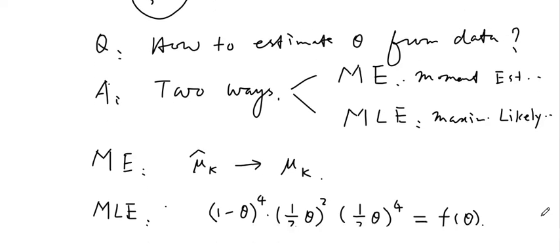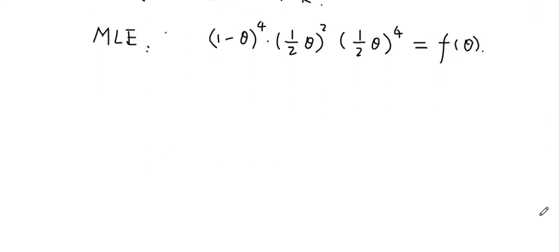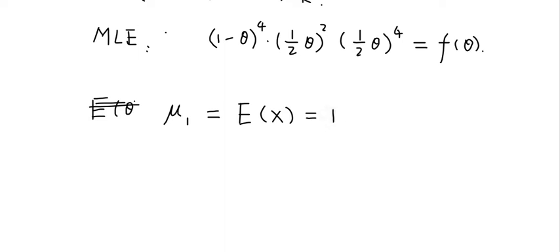For moment estimation, we first find the population's moment, mu1, which equals E of X. That is 1 times the probability 1 minus theta, plus 2 times half theta, plus 3 times half theta.